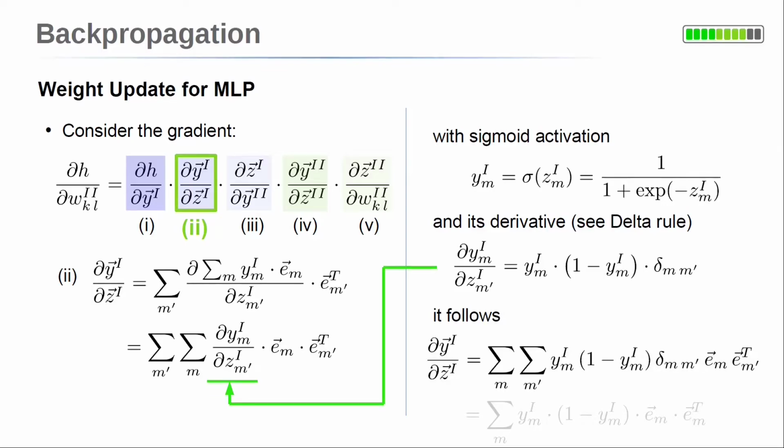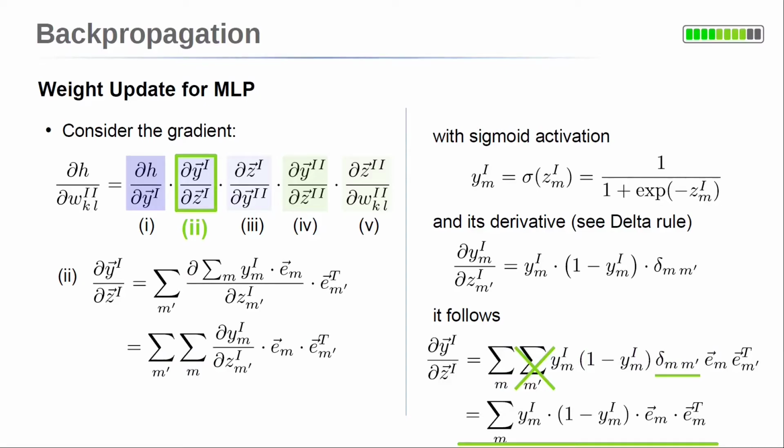Substituting this into the expression on the left side, it follows that the derivative of the neuron's output vector y of layer 1 with respect to the summation vector v of layer 1 is the sum over m and m' of y_m of layer 1 times 1 minus y_m of layer 1 times the Kronecker delta δ_mm' times the two unit vectors e_m and e_m' transpose.